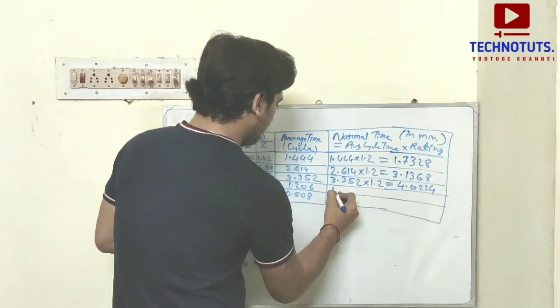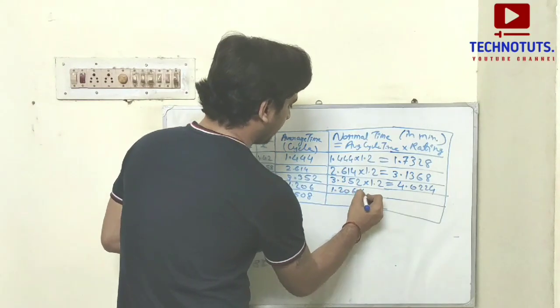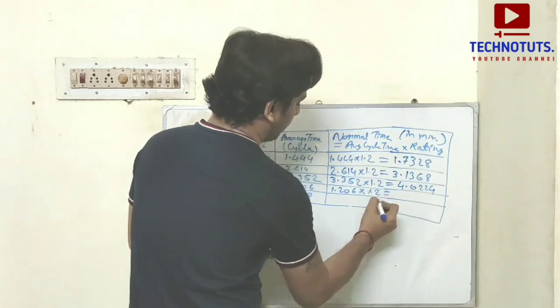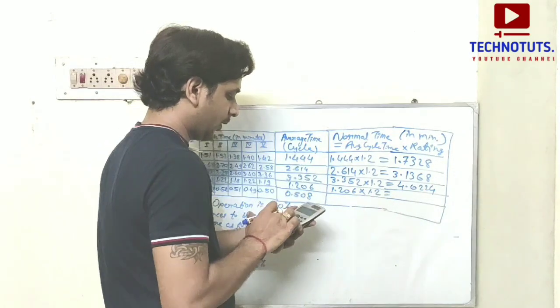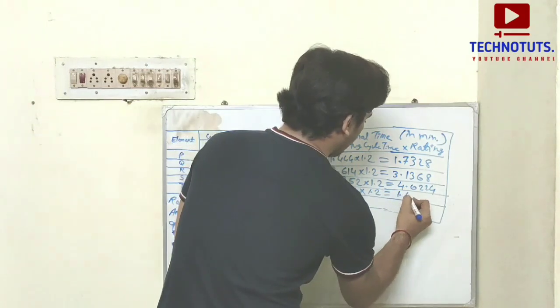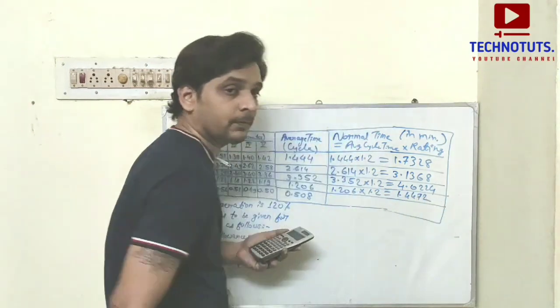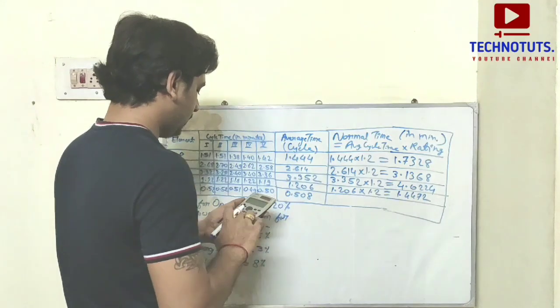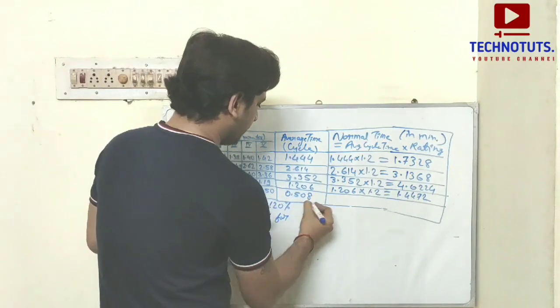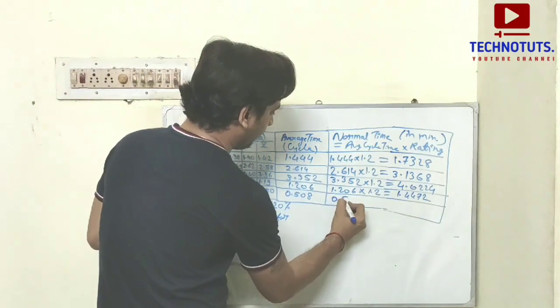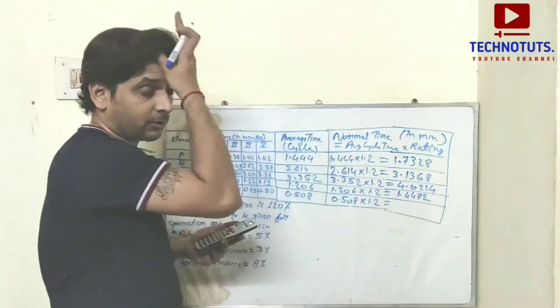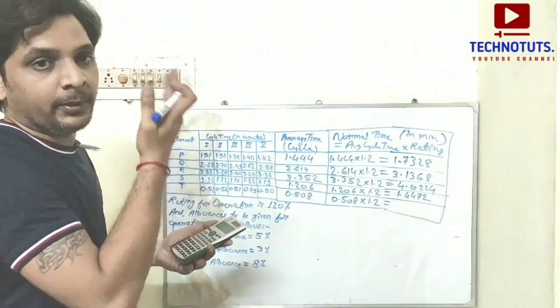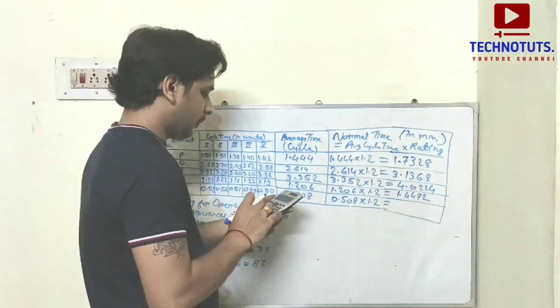For element S, average cycle time is 1.206 and rating is 1.2. Let us multiply 1.206 into 1.2. This value is 1.4472. Now calculate for element T also. The average cycle time for element T is 0.508 and rating is 1.2, because 120% is 120 by 100, that is 1.2.